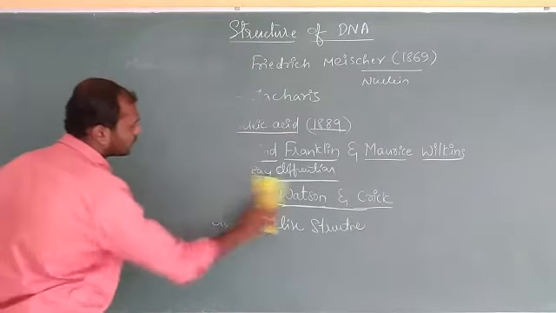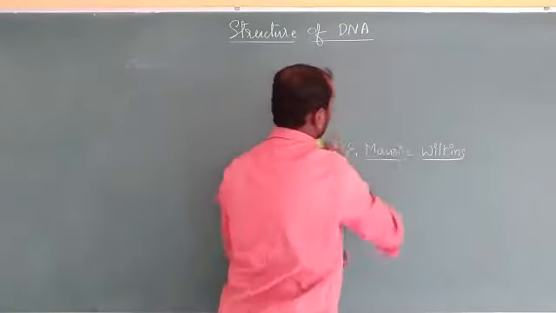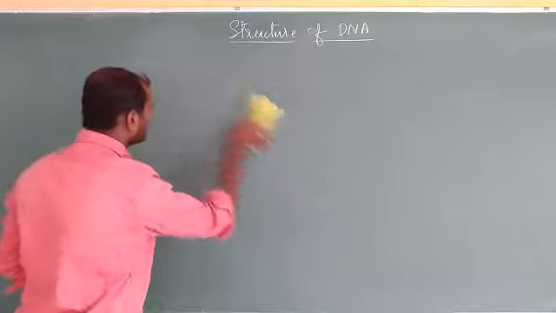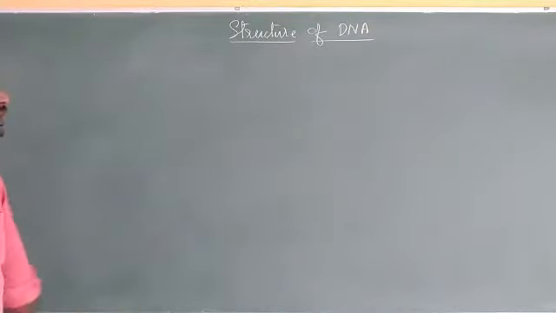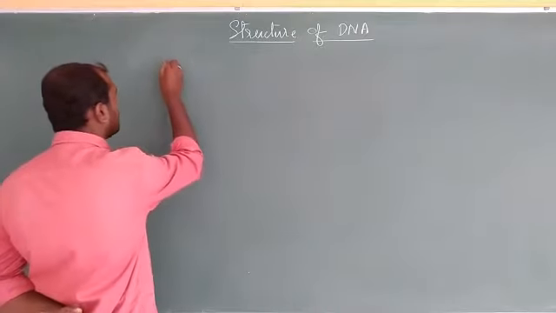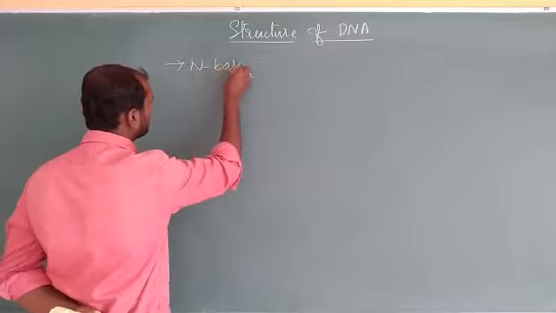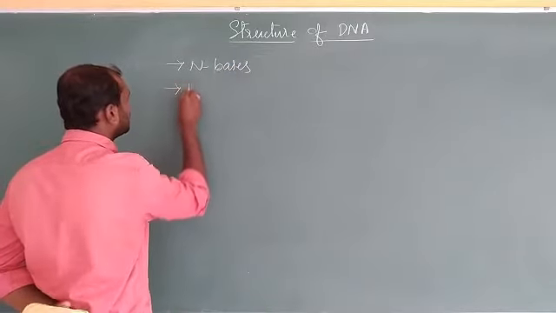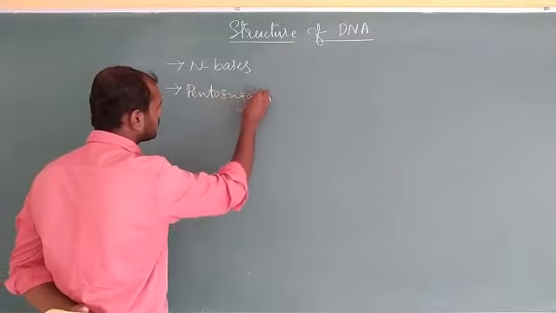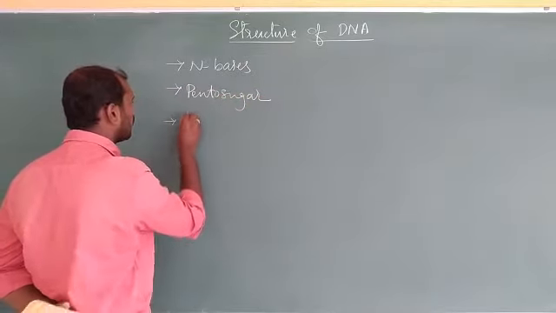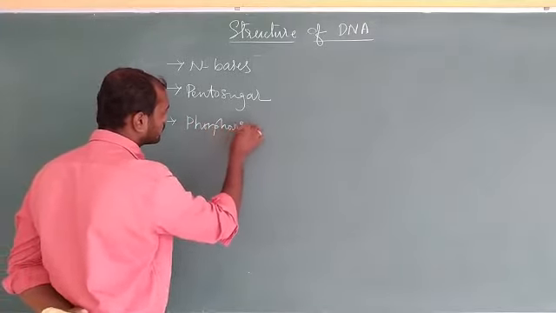We know very well that DNA is made up of three basic biomolecules. These three basic biomolecules are: the first one, nitrogen bases; the second one, pentose sugar; and the third one, phosphoric acid.